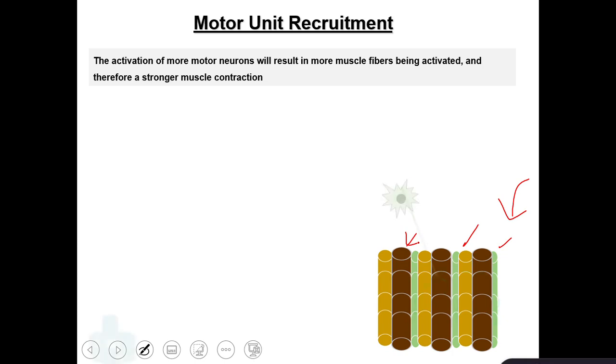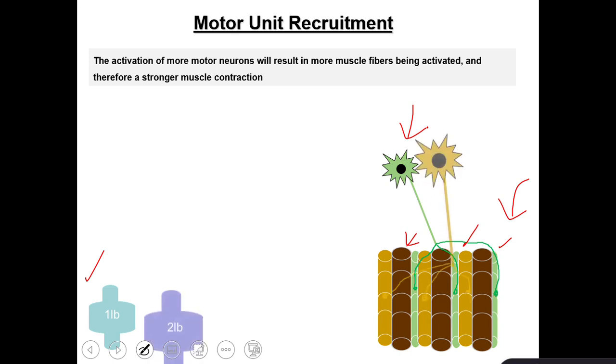So here we have this motor neuron supplies three muscle cells, and this leads to a kind of a weak contraction when you carry only 1 pound. Suppose that you want to do a stronger contraction to carry 2 pounds. What will happen is that in addition to this active motor unit, you recruit another one.